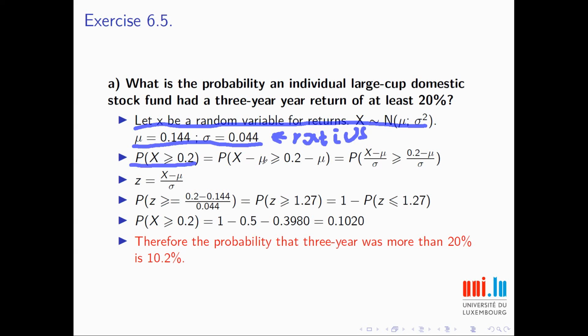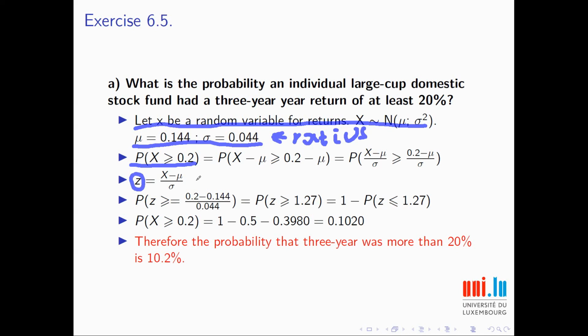And also, guys, an important moment: tables are always constructed for the standard normal distribution, which is important to bear in mind. All these tables are constructed for the standard normal distribution.